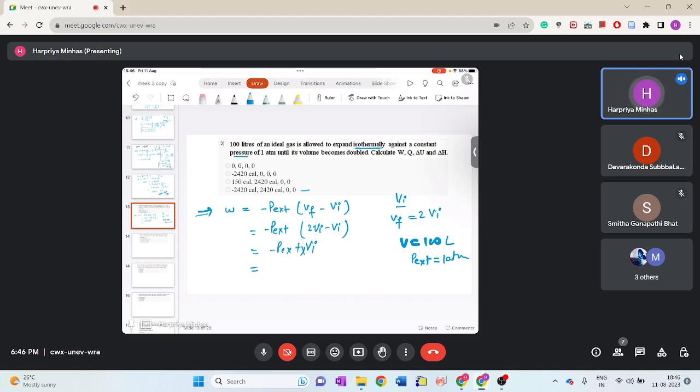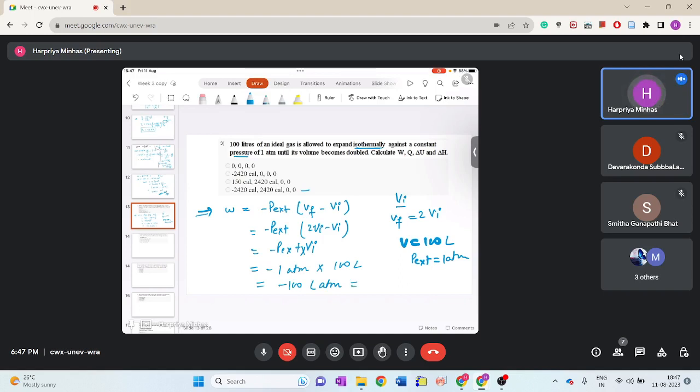Putting these values over here, this is in liter atmosphere, and now we have to convert into calories.